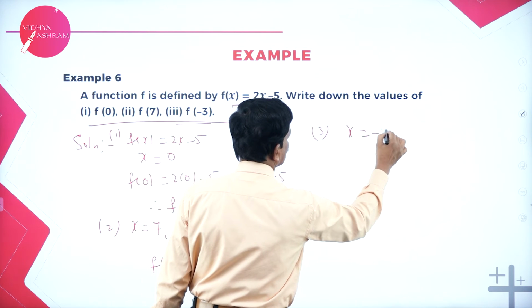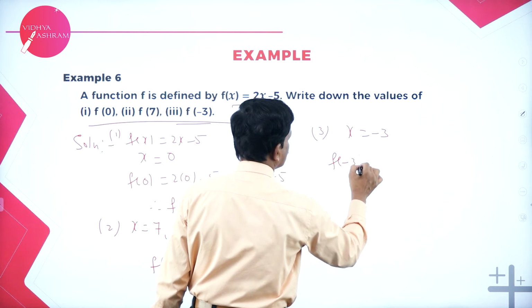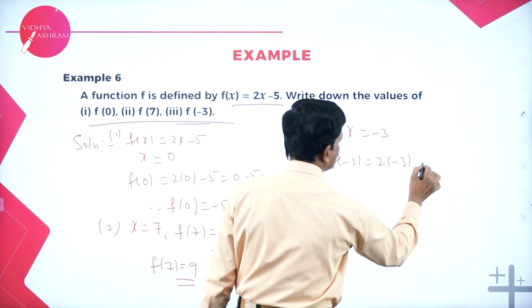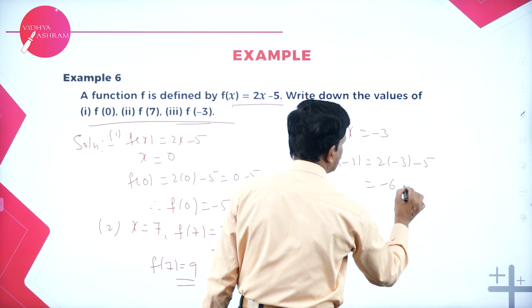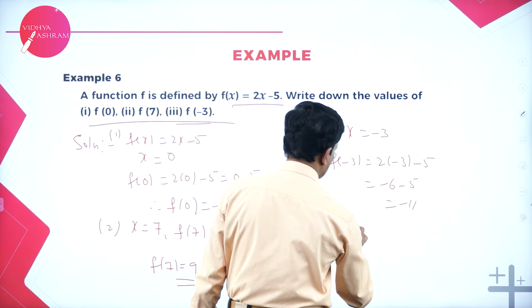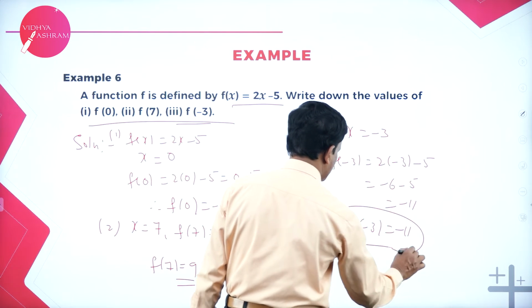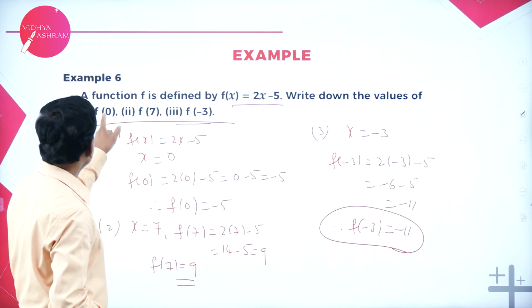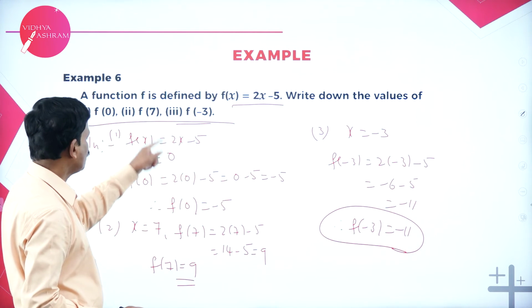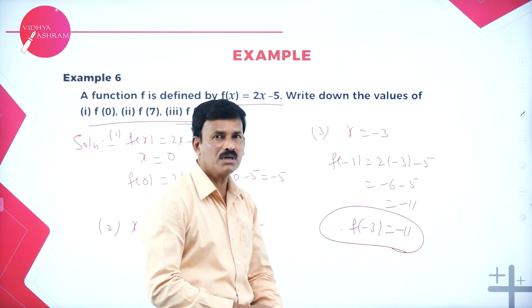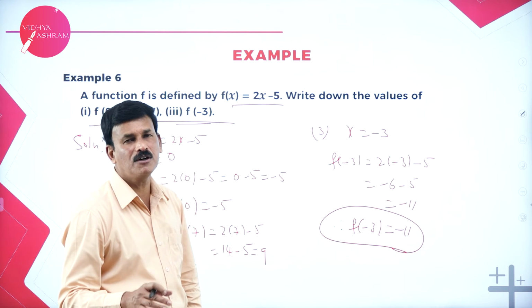If you put x is equal to minus 3, you will get f of minus 3 is equal to 2 into minus 3 minus 5. This is minus 6 minus 5, equal to minus 11. Therefore, f of minus 3 is equal to minus 11. That's all. So here f of 0 is minus 5, f of 7 is equal to 9 and f of minus 3 is equal to minus 11. That's it. Just put the value of x.